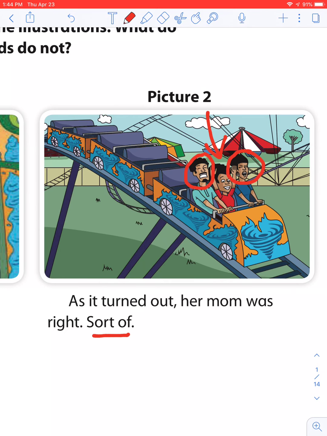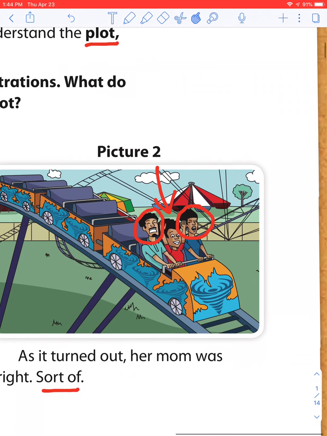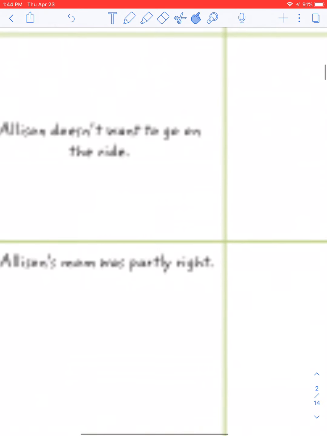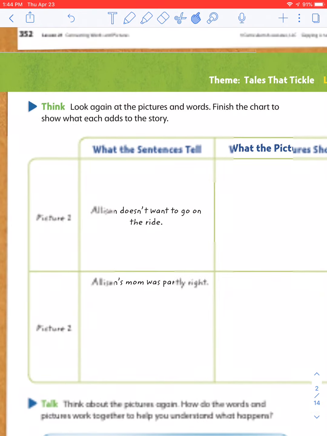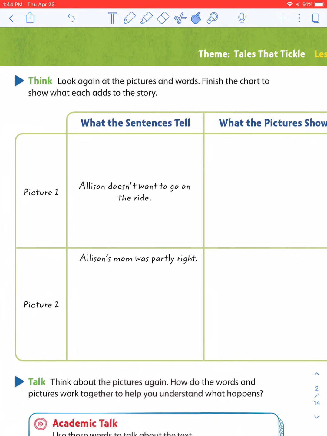Let's go to the next page. It says, think. Look again at the pictures and words. Finish the chart to show what each adds to the story.